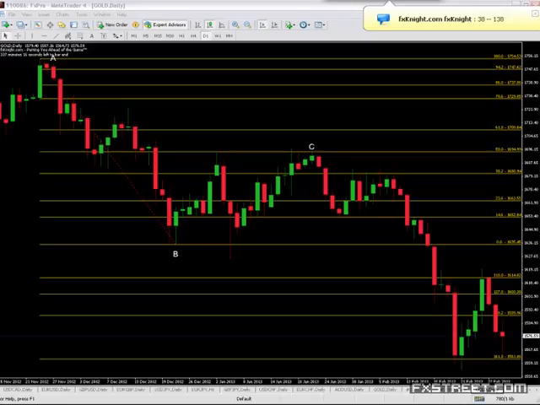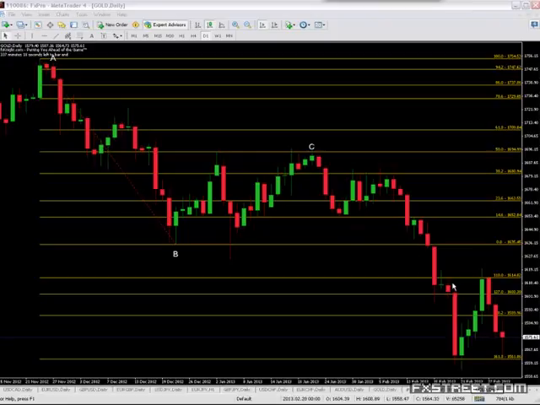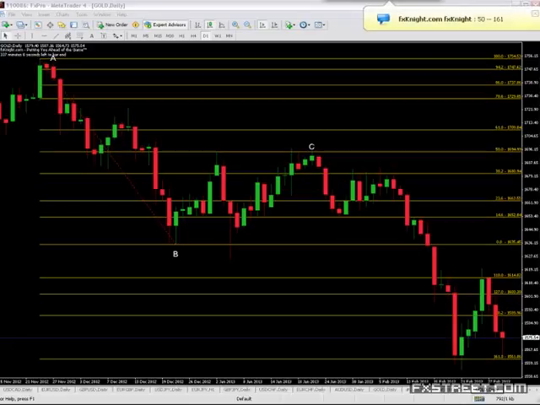If your C retracement goes to 38, your D, 9 out of 10 times, is going to go to 138. If your C goes to 50%, your D more often than not will go to 161. And if your C goes to 61, your D will also go to 161.